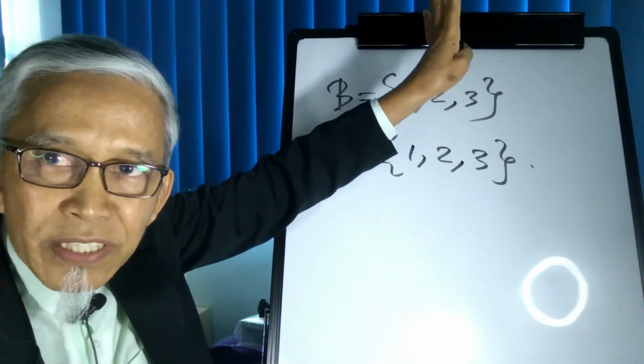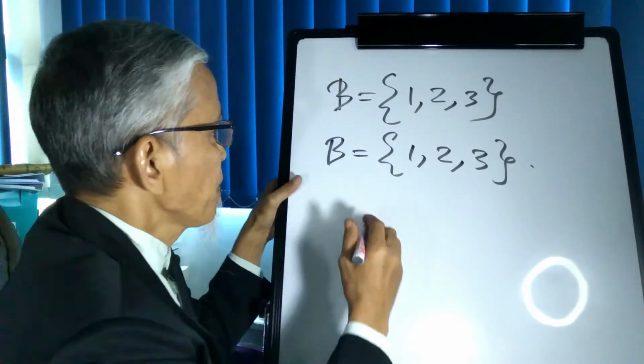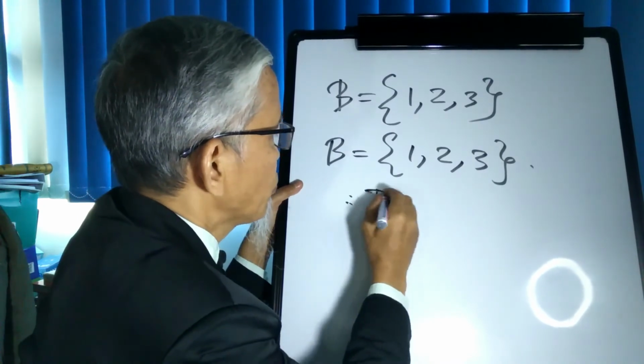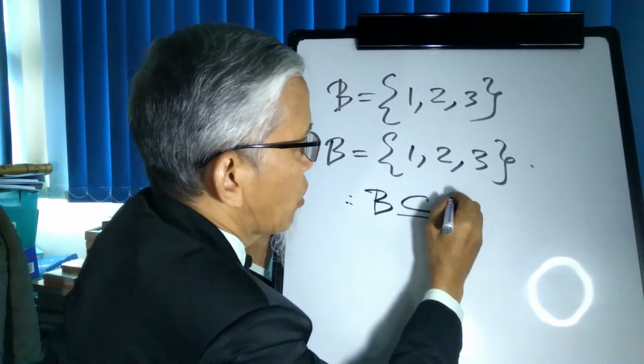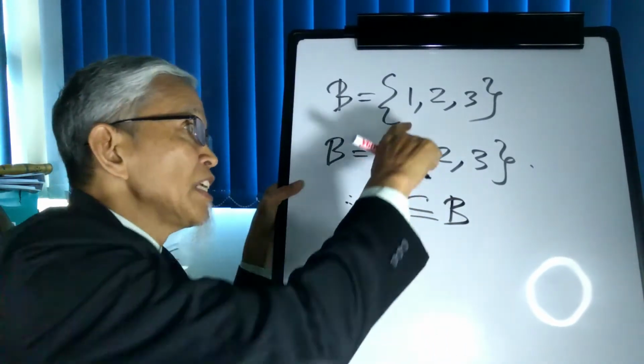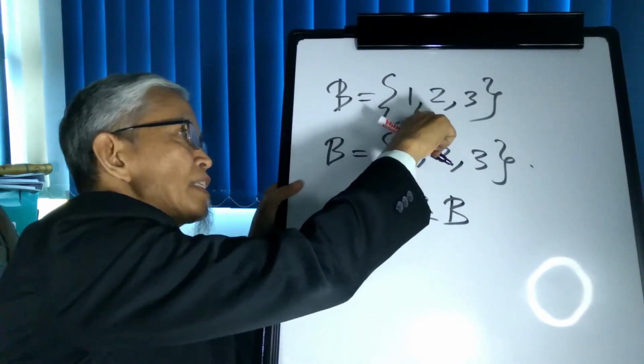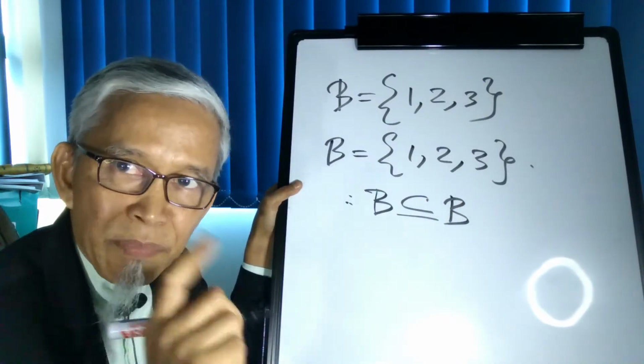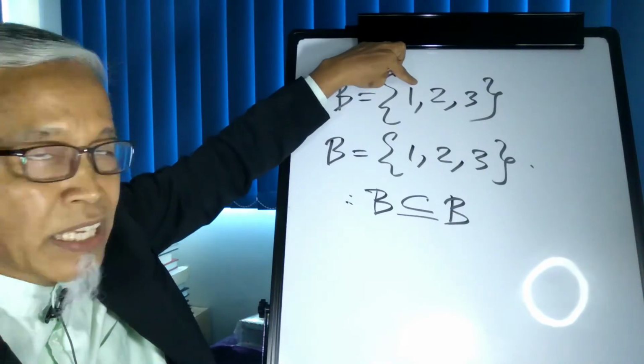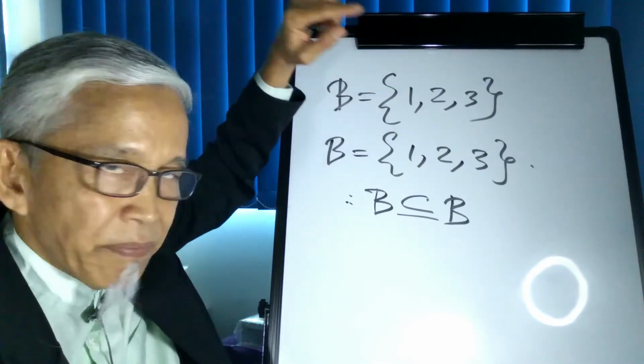Therefore, we conclude that set B is a subset of set B. This set is a subset of this set, again because every element in this set is also an element in this set.